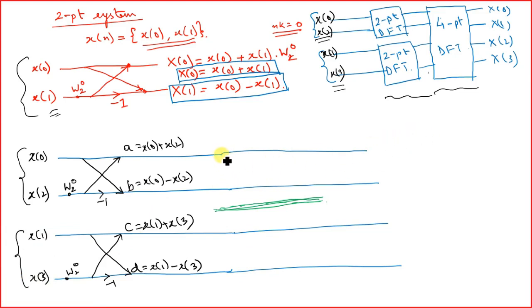Now what we have to do, from the first point above this green line we will draw a connection to the upper point below this green line.